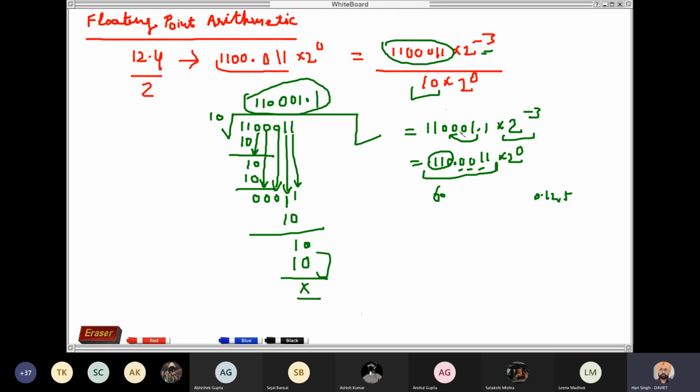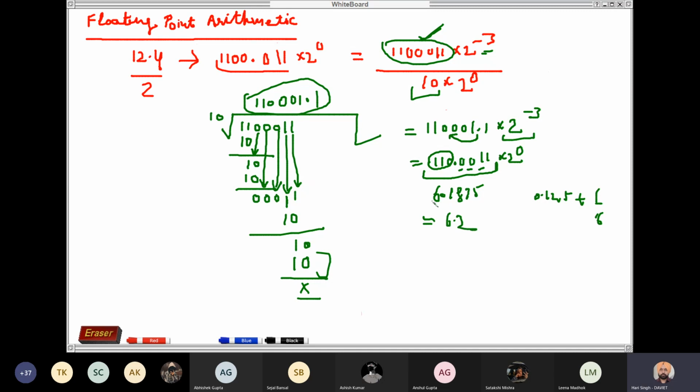Minus 4 place is 1/16, and you will get approximately 6.1875.